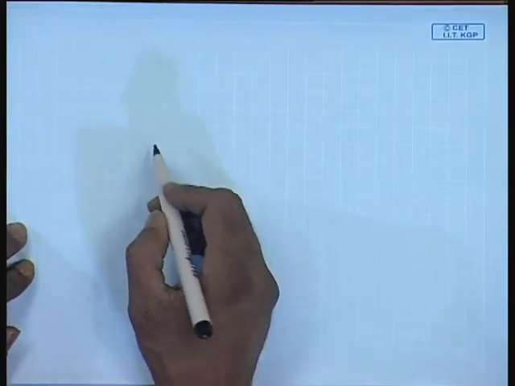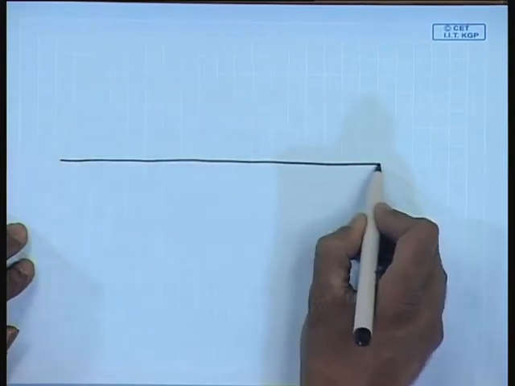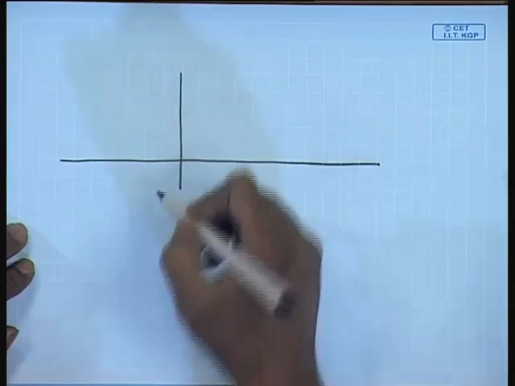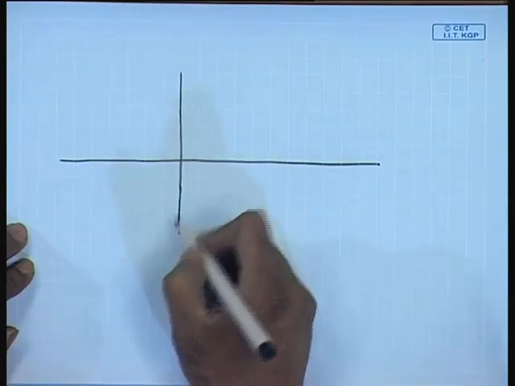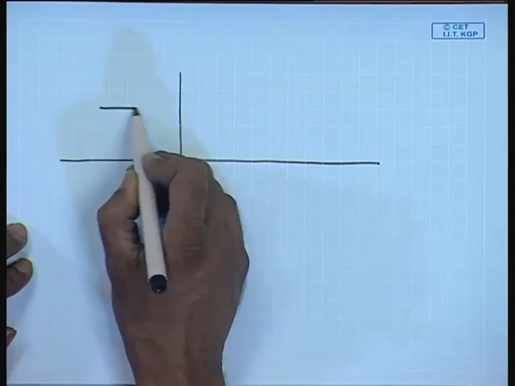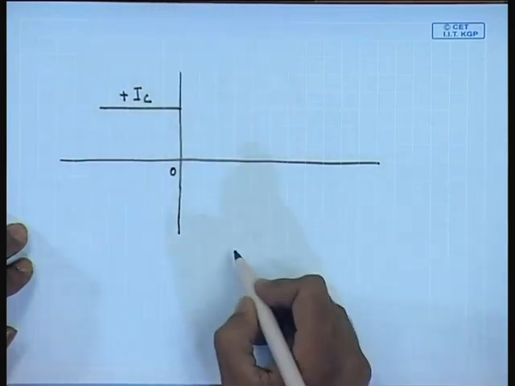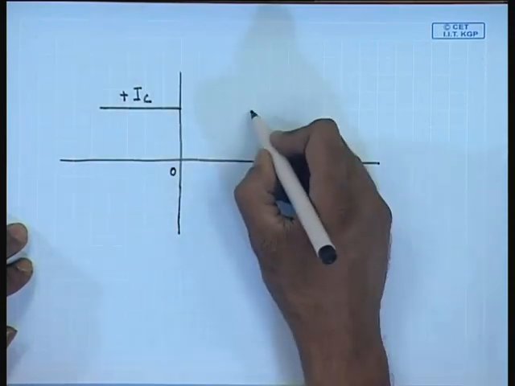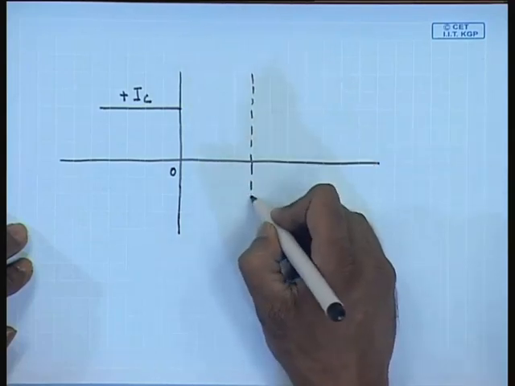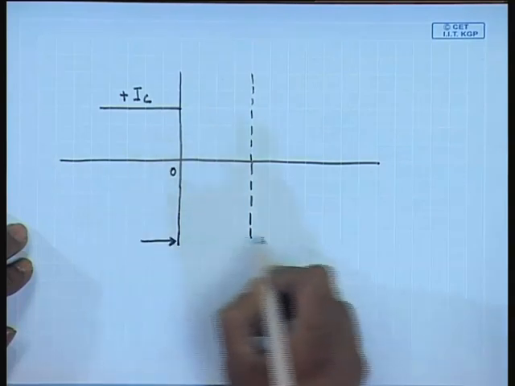Graphically, we can show it in this manner. Let us say this is the instant at which commutation began. At this time, current in coil 1 was plus Ic, and let us say this is the time when commutation ends, this time being Tc, commutation time.